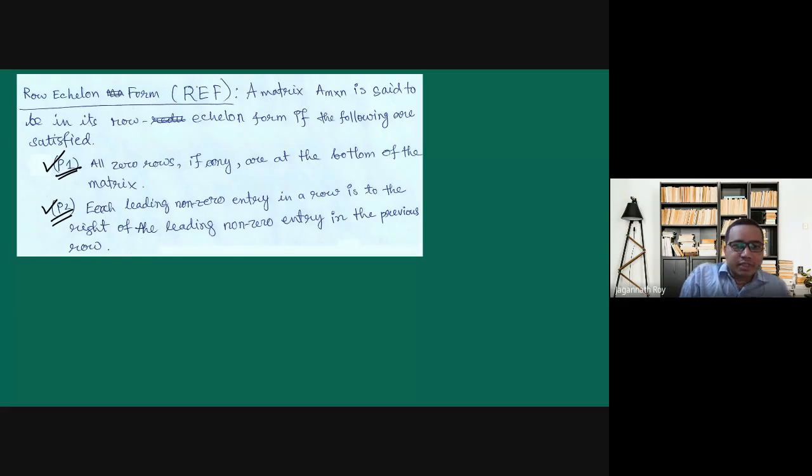So property 1 says all the zero rows. Now what is a zero row? Suppose a matrix has A11, A12, A13, and so on. If a particular row is all zero, then we call it a zero row.